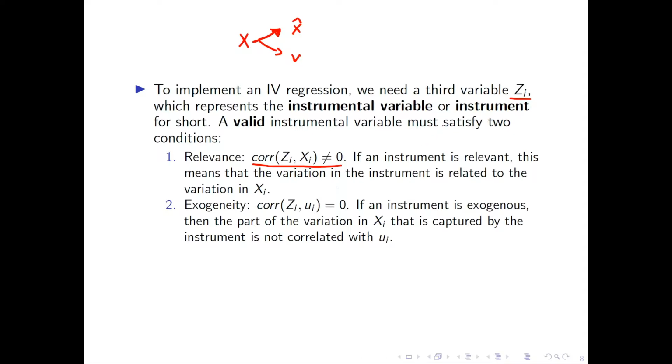And the instrumental variable has to be exogenous, which means that the correlation between the instrumental variable and the population error term should be 0. Because if the correlation between a variable and the error term is positive or negative, which is non-zero, then that variable is endogenous.